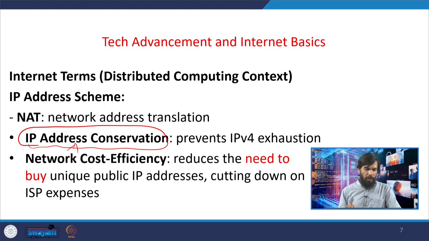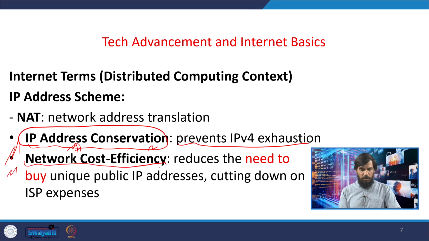So, if they implement NAT, this will give them some breathing space. They would be able to conserve IP addresses. So, this prevents IPv4 exhaustion at the organization or firm level, and so that is one benefit to the firms which go for NAT. Obviously, it comes at the cost of network efficiency.